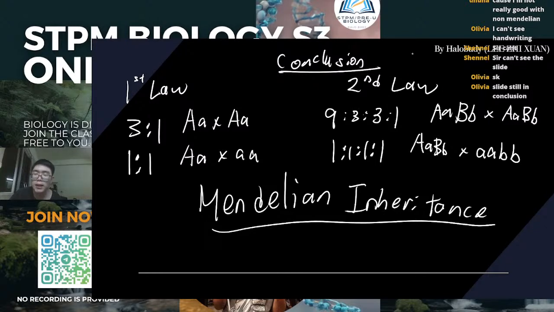But with incomplete dominance, it will not follow Mendel. It will give a 1:2:1 ratio. One red, two pink, one white. So it will give you this different ratio.